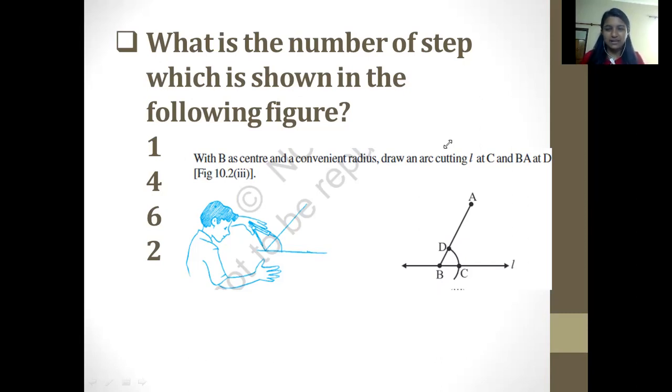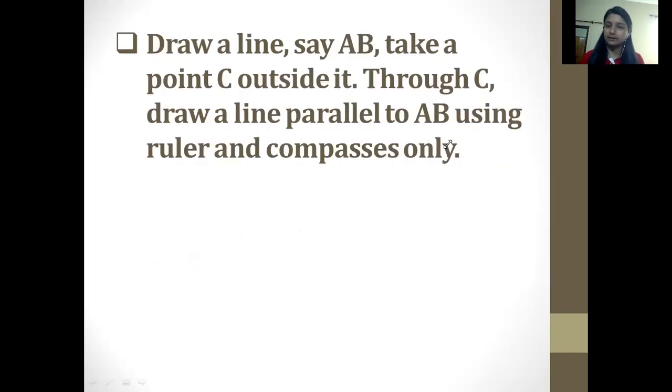I'm giving you a few seconds to think about it. So it is step number 2. If you are thinking that this is the second step, then you are absolutely correct. This is what we have done.